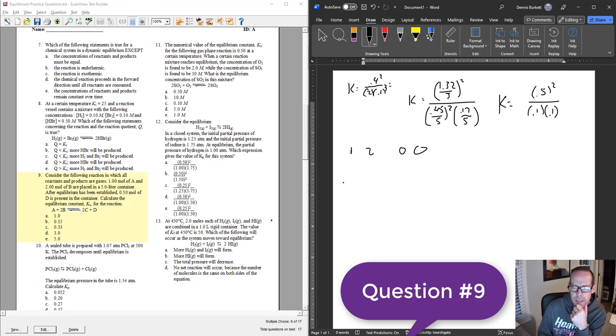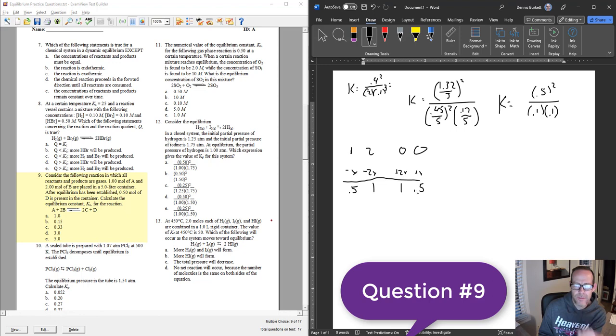After equilibrium has been established, I've got 0.5 moles of D. So I know my x must be 0.5. That means I'm going to have 1 mole of C, because remember this is plus 2x, and this is plus x, and this is minus 2x and minus x. So I'm going to have 1 of this left, and I'm going to have 0.5 of this left.